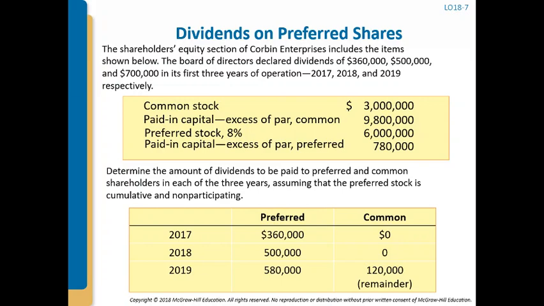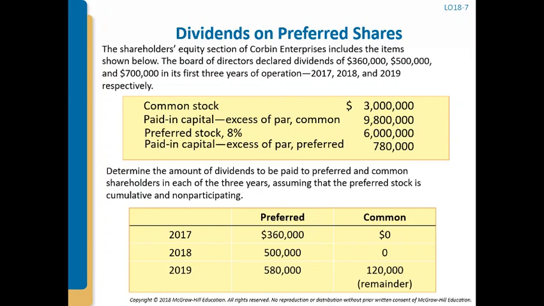And so 500,000 is paid, 480,000 goes to pay the current year. The 20,000 satisfies 20,000 of the 120,000 owed from the prior year, so they still owe $100,000 from the prior year. And so that rolls to 2019.